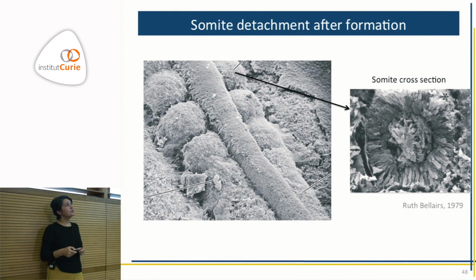And if we look at the cross-section of the somite, you see the cells that are very nicely aligned in a layer, and then you have other cells inside. So how is it mechanically possible that the cells here that are in all directions, little by little, get a structure and separate from the PSM? This is what I would like to understand.